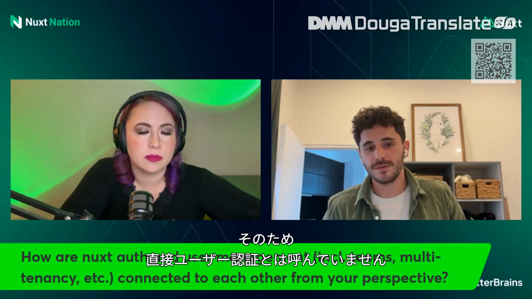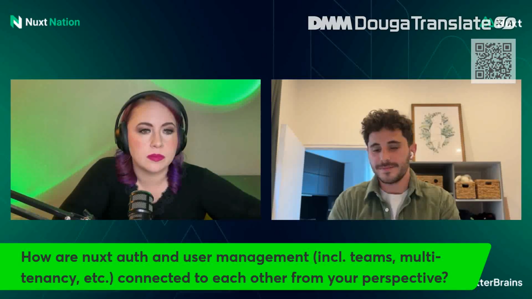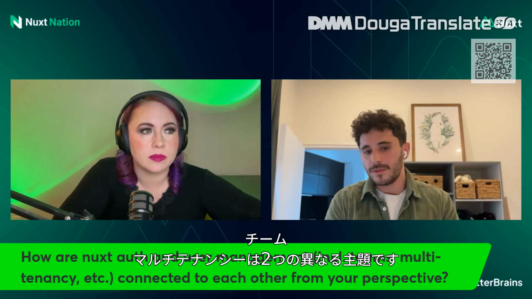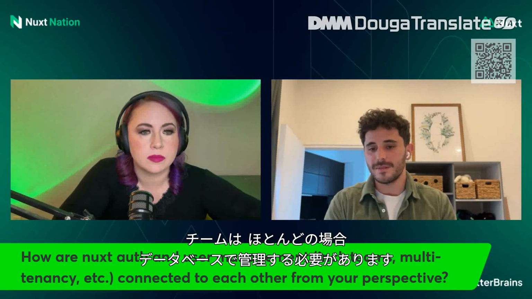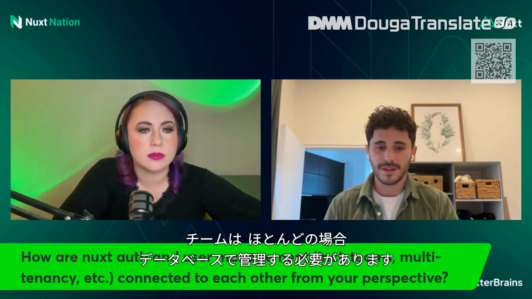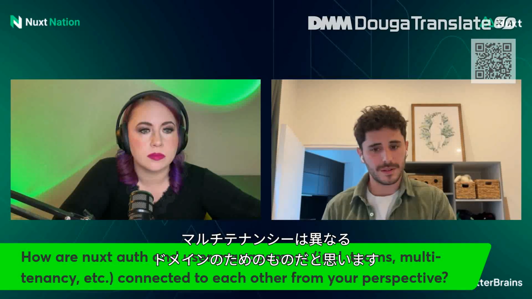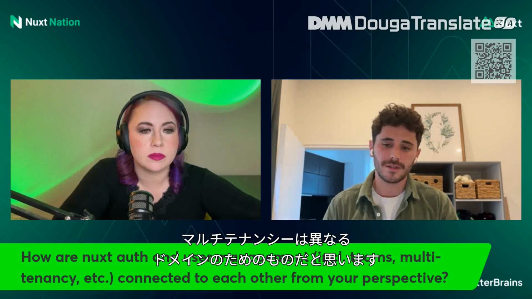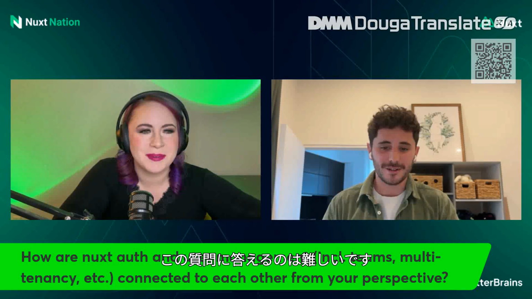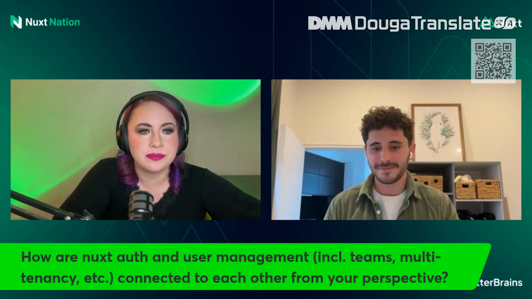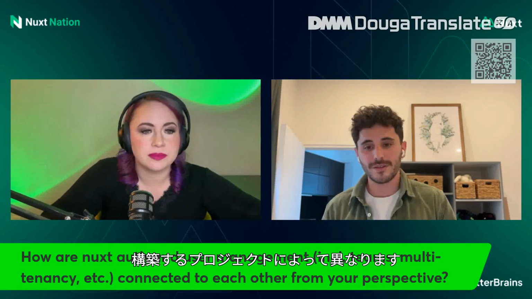That's why I don't call it Nuxt Auth directly. Teams and multi-tenancy are two different subjects. For Teams, you need most of the time a database to handle it. Multi-tenancy is for a different domain, if I'm not mistaken. So I don't know, honestly. It's hard to answer this one. It depends on the project you build.